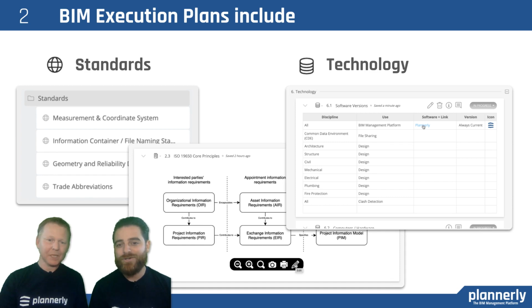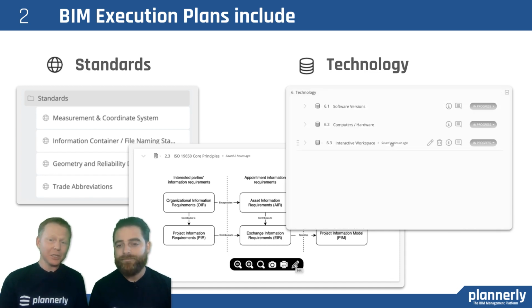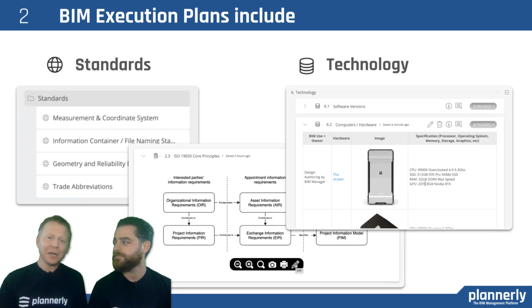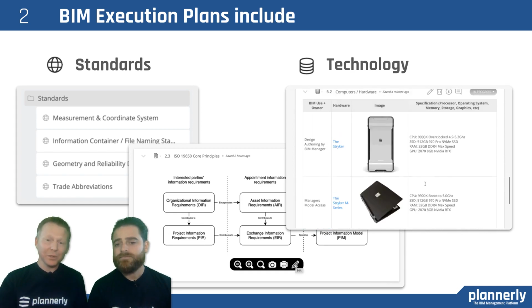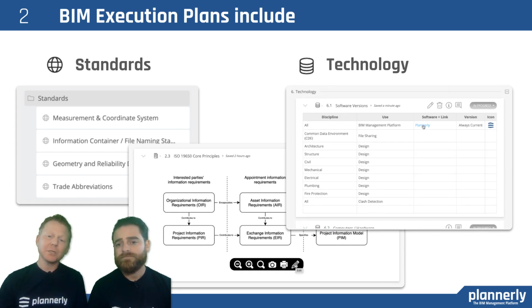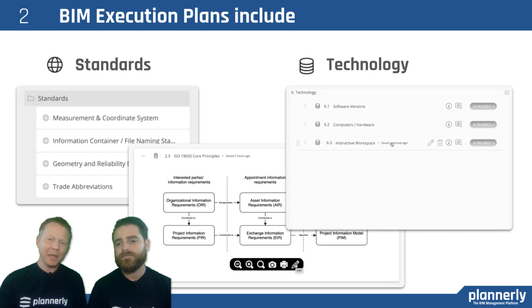So standardize, keeping everyone on the same page, so you know where to find things. And then on the technology side, how are you going to support that? Are you going to have interactive workspaces? Are you going to recommend certain hardware, computers, whether it's iPads, etc.? And then the software versions so that everyone can stay in touch. And it's more a recommendation to align rather than to mandate, depending on how you're working.